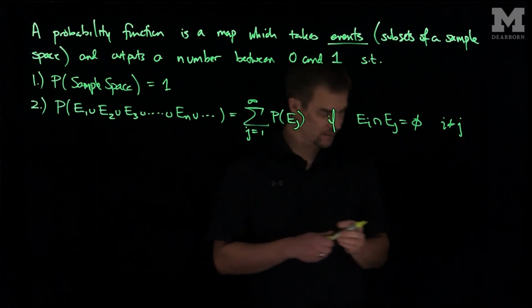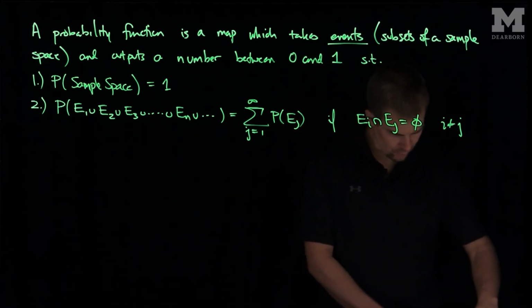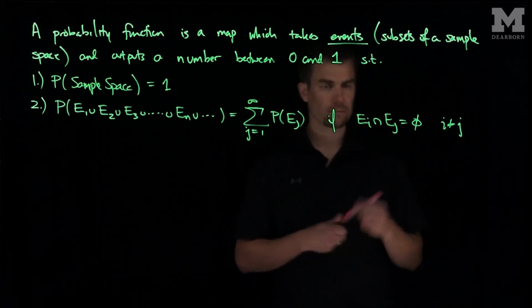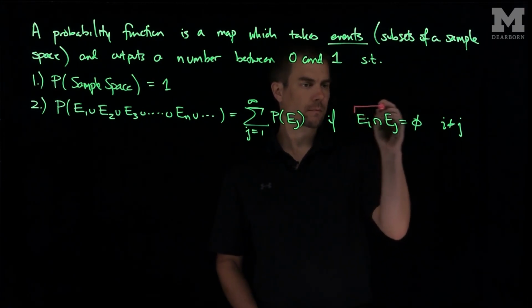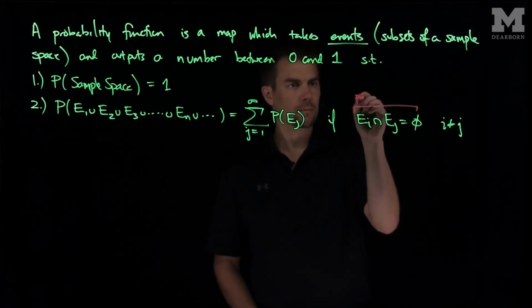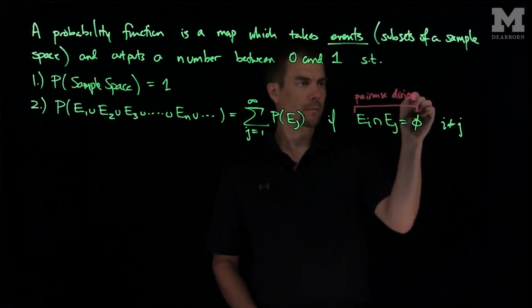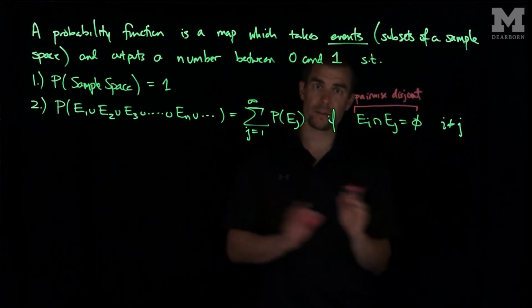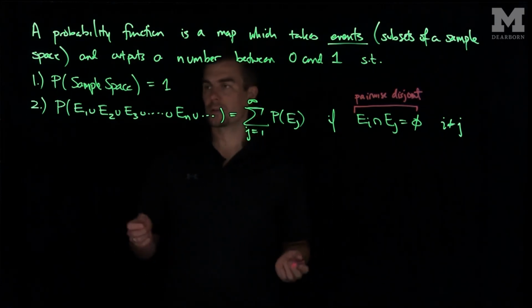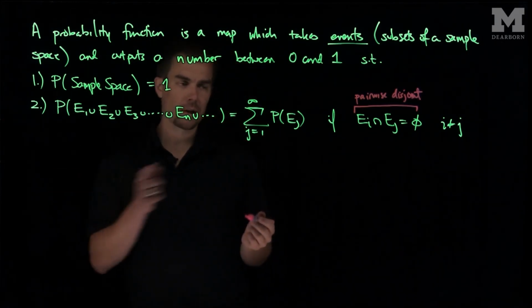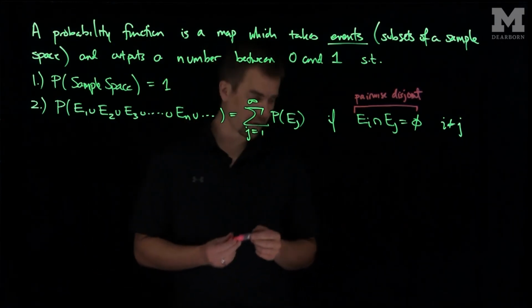This means that these sets are pairwise disjoint. So there's no common overlap between any of the sets at all. They're disjoint sets. So if you want to find the probability of a disjoint collection, it's the sum of the probabilities of the individual events.